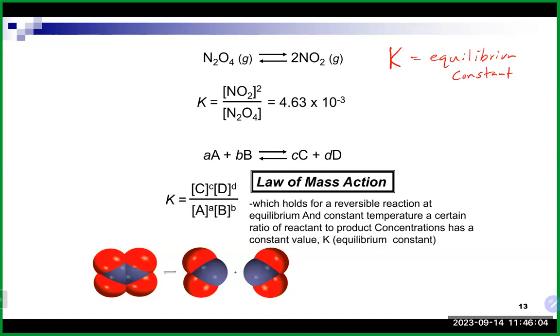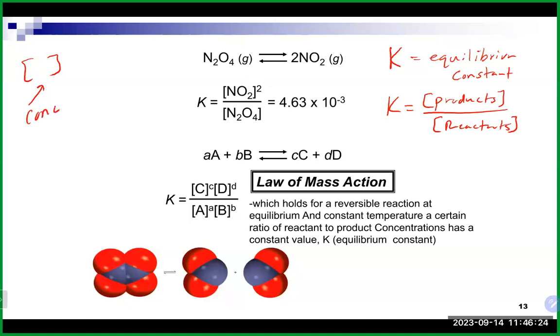But the equilibrium constant is a relationship of really products to reactants. So really the concentration of our products divided by the concentration of our reactants. And once again, when we see this little bracket, that means concentration.